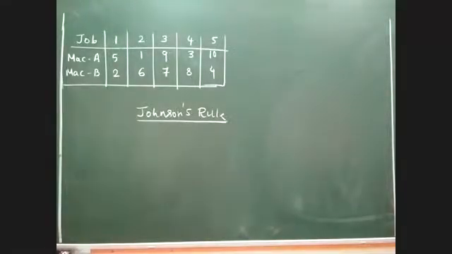Please remember, Johnson's rule is a minimum requirement for all the problems in sequencing, whether it is 2 machine, 3 machine, or n machine. Without checking this rule, you cannot proceed further. What is Johnson's rule? Very simple. Johnson's rule is a principle or method which will suggest the order in which the jobs have to be processed.